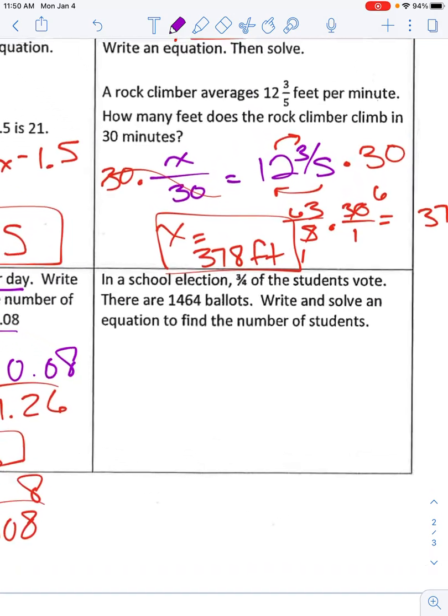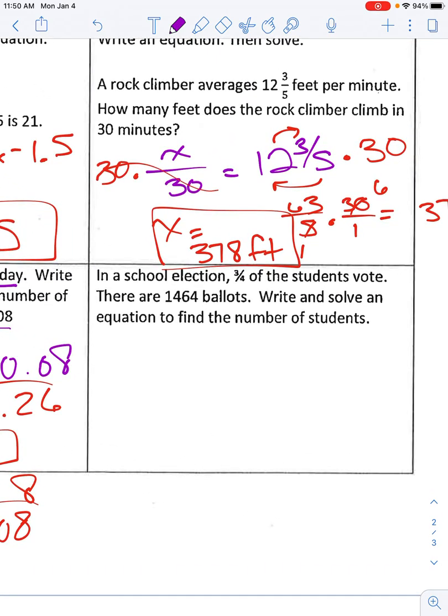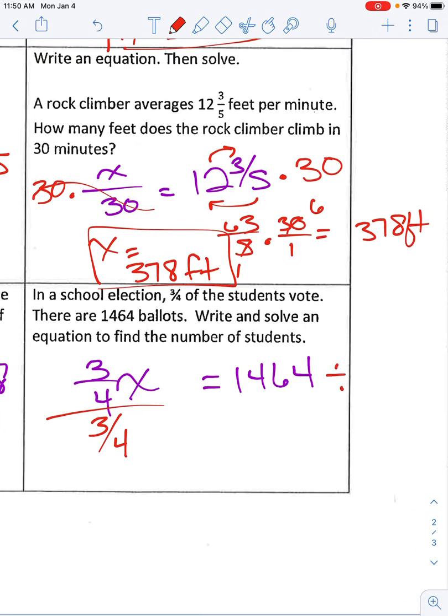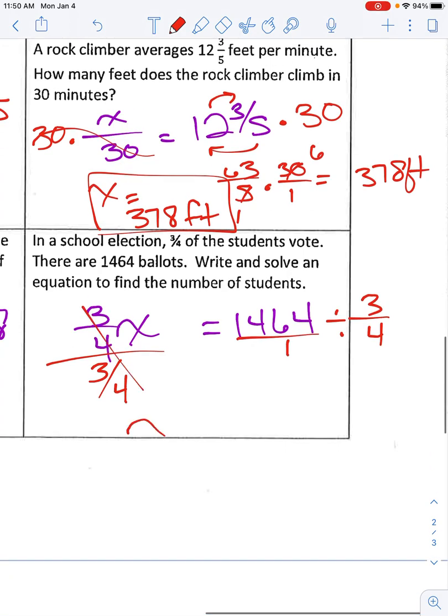And the last one. In a school election, 3/4 of the students vote, and there are 1,464 ballots. So we know how many ballots there were. Write and solve an equation to find the number of students. So 3/4 of the students voted. So 3/4 times some number is 1,464. To solve, we're going to do the inverse. That says multiply, so we're going to divide this side by 3/4. Divide this side by 3/4.